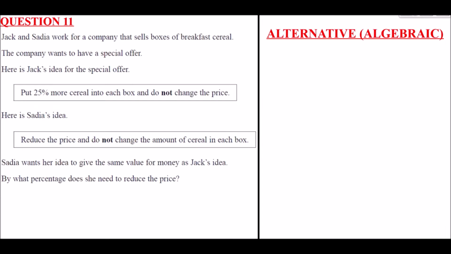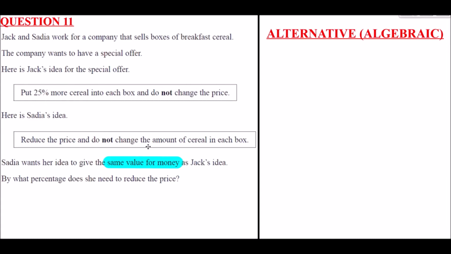So if we did that, what we need to think about first is, because this question hinges on this notion of what value for money is, what's one way we could define value for money? Well, one thing we could do would be to define it as either the cost divided by the amount, or the amount divided by the cost. Commonly, what would a supermarket define value for money as?